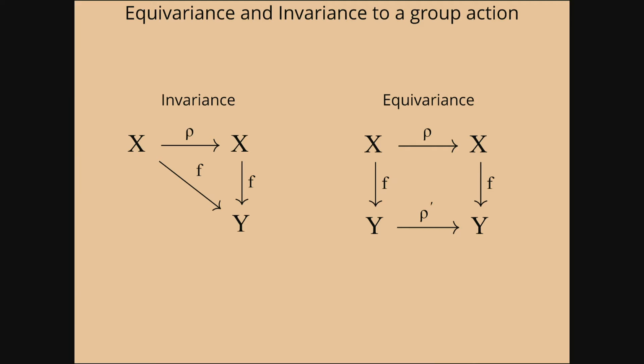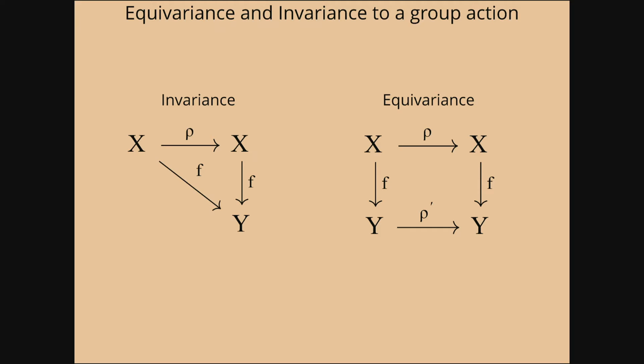And if you do so, then rotating the triangle in the first line and then transforming it, or transforming it first and then apply a permutation of the coordinates will give you the same result at the end. And then you will say, okay, F is equivariant to the transformation rho and rho prime.